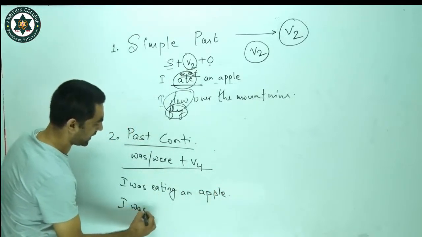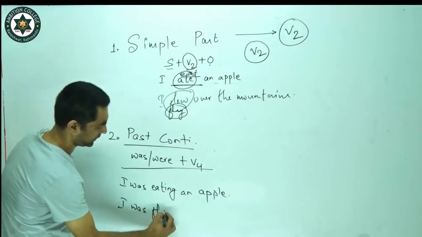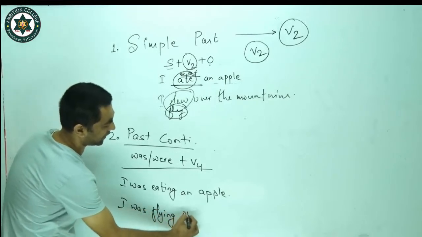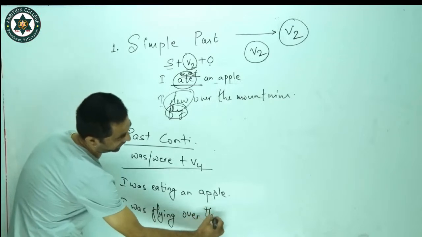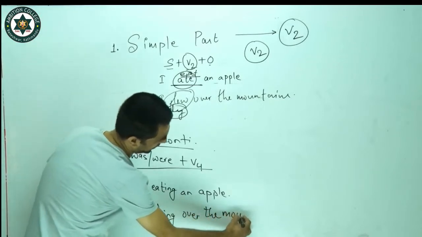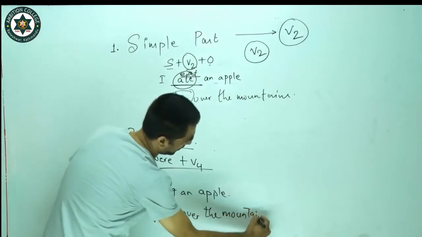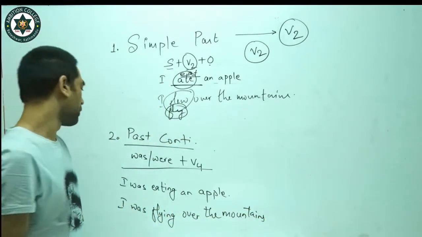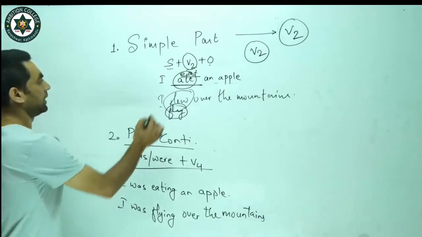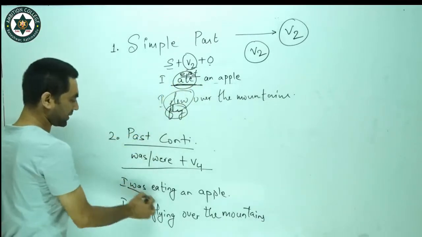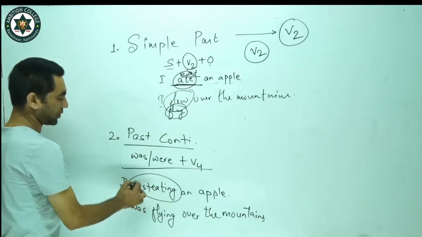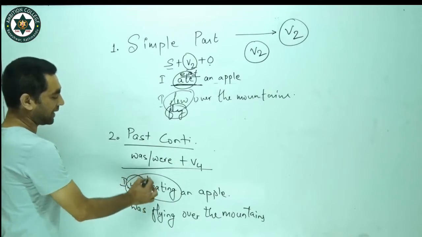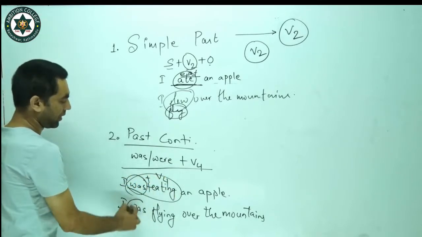I was flying over the mountains. Here what we see is this V2 is now with the auxiliary verb, that is was plus V4.